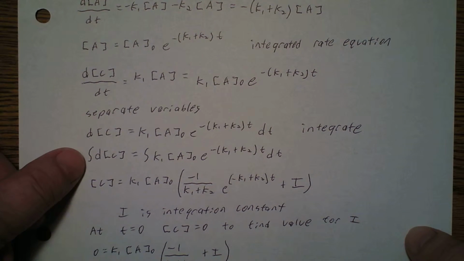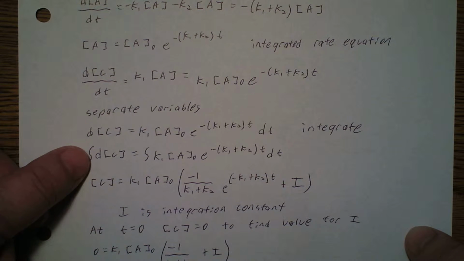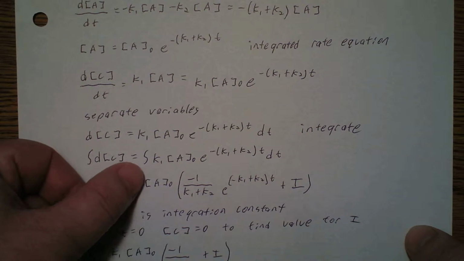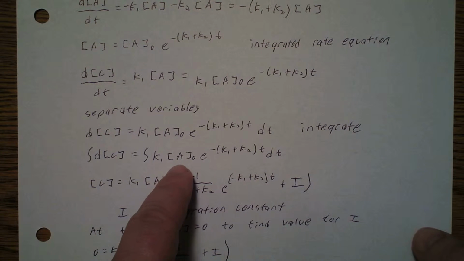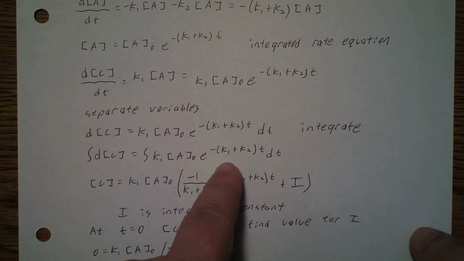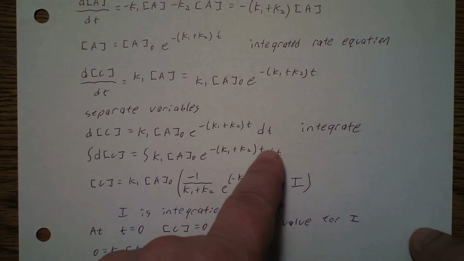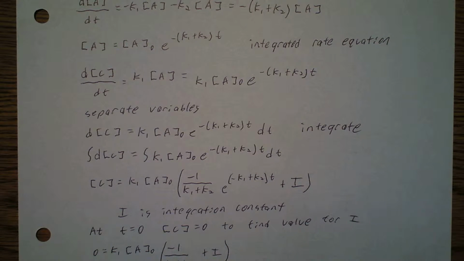So we have the integral of the differential of the concentration of C equal to the integral of K1 times the initial concentration of A times e to the minus (K1 plus K2) times T with respect to T.